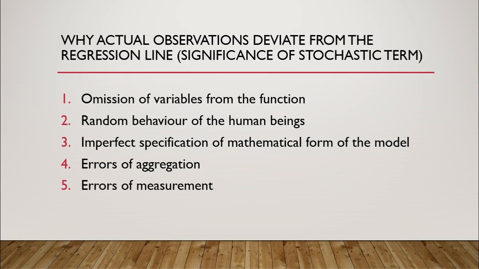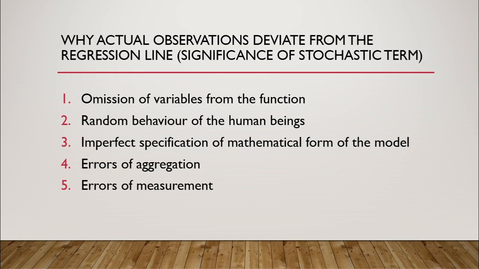So in a simple linear regression model, we will include only one explanatory variable, and in a multiple regression model, we will include more than one explanatory variable. So apart from the price of the commodity, we can include the income of the consumer, price of related commodities, taste and preferences of consumers, etc. in the model. However, we know that there are a large number of other factors which can influence demand for a particular commodity.